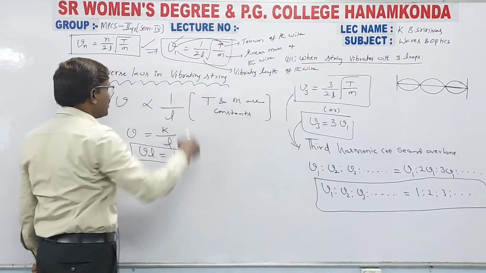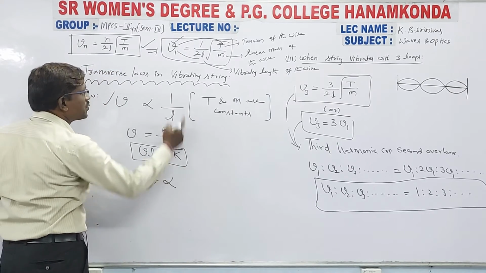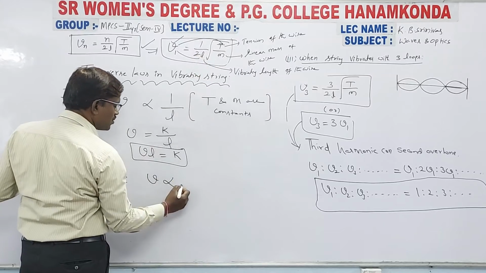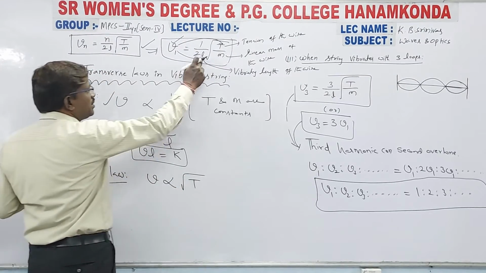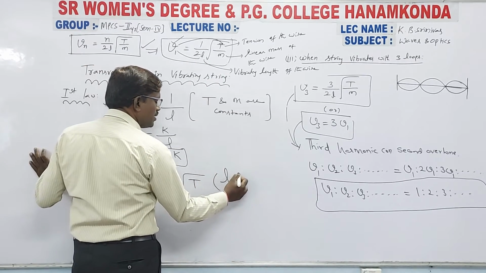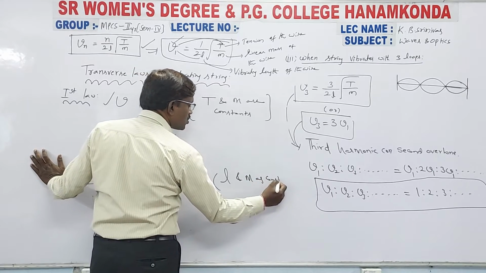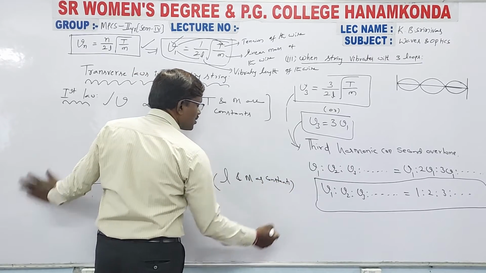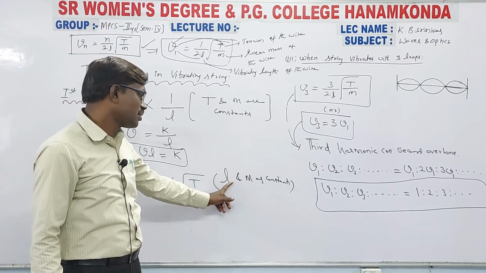Coming to the second law, the frequency of the wire is directly proportional to the square root of tension of the wire, keeping the remaining terms as constant, that is L and linear mass density as constants. Throughout the experiment, we have to keep length and linear mass density of the wire as constant.